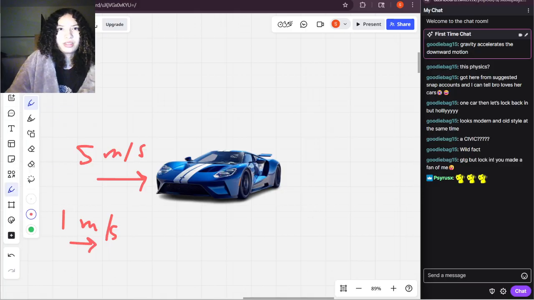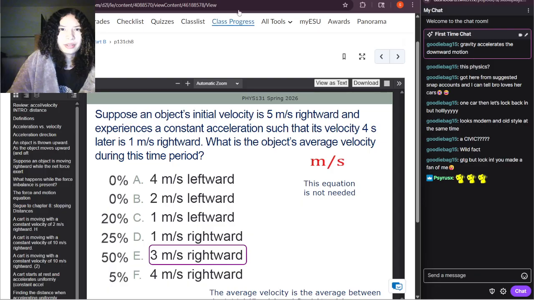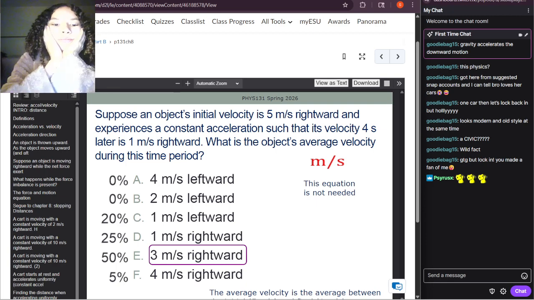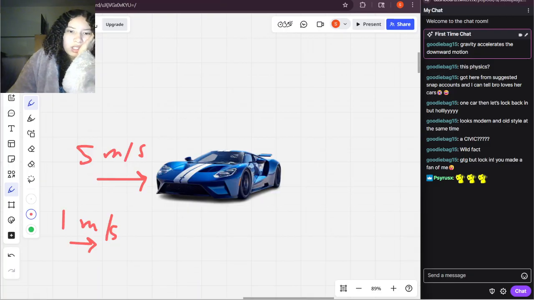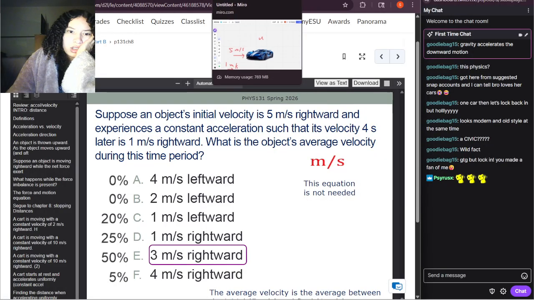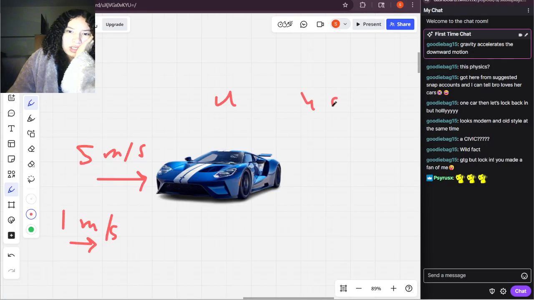So it goes from 5 to 1 after 4 seconds. So it slows down by 4, right? After 4 seconds.